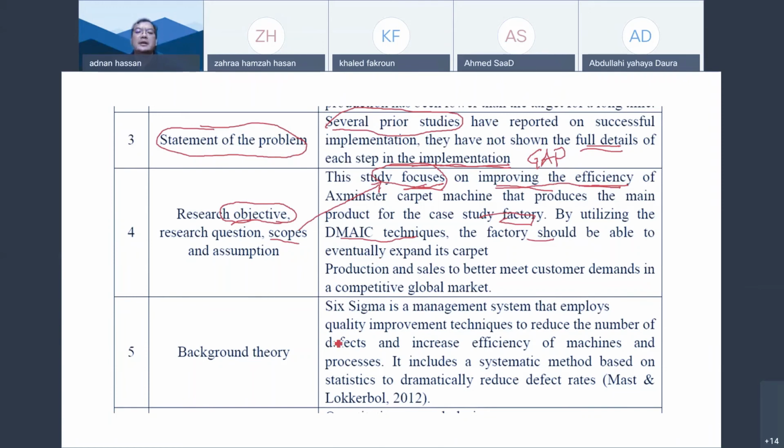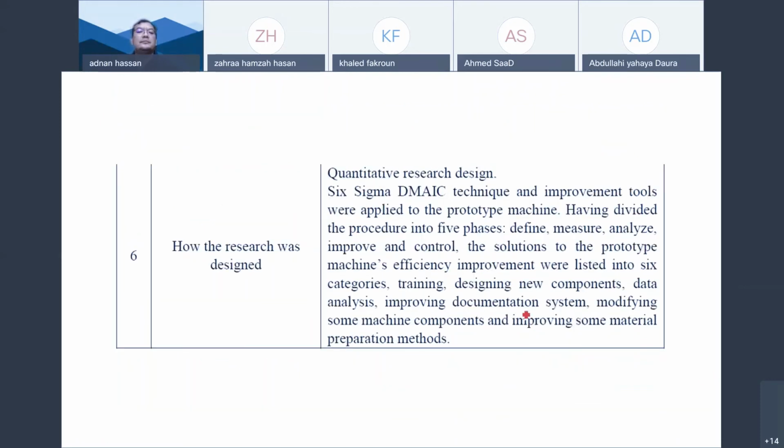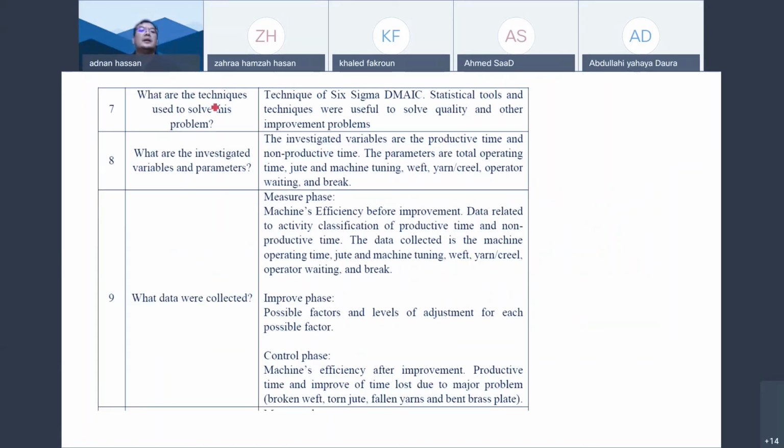Background: since it was related to Six Sigma, it's giving the background. And then how the research was designed. It had 5 phases, following the DMAIC technique. Technique used, yes, same thing.